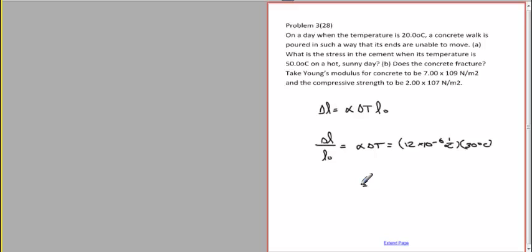So as a consequence, it's going to be put under compression. So we get 12 e to the minus 6 times 30, and so the change in length divided by L0 is 3.6 times 10 to the minus 4 meters per meter.